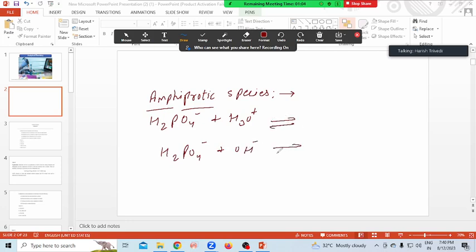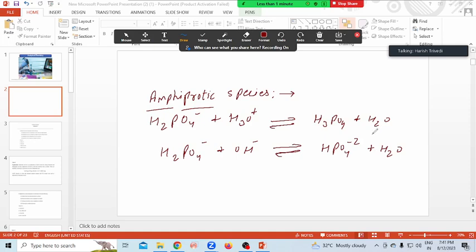In the first reaction, it can give H3PO4 plus water, and here it will take a proton from this. So it will give you HPO4 2 minus, because one proton will move to hydroxide and make water.